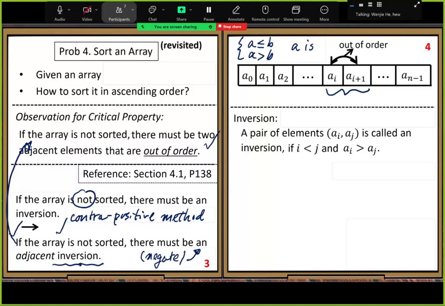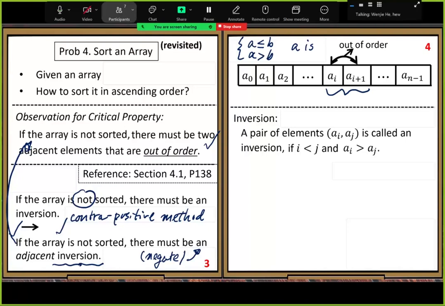But when we talk about inversions, they are global inversions, right? The two elements of an inversion can appear anywhere in the array. Without using this critical property, we need to look at all the global inversions.